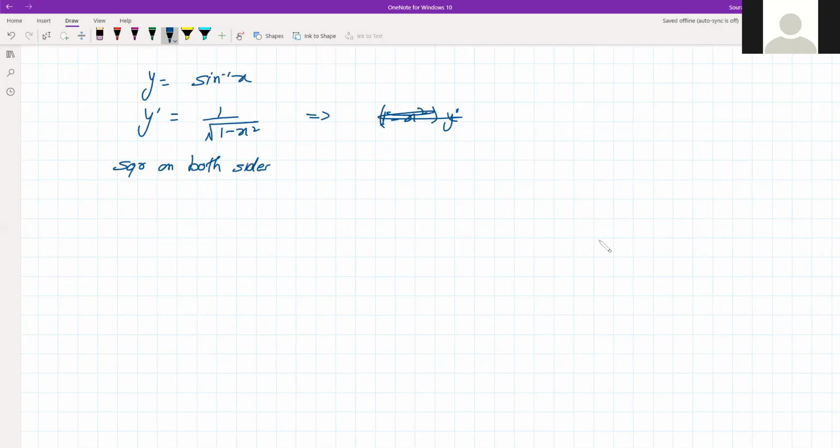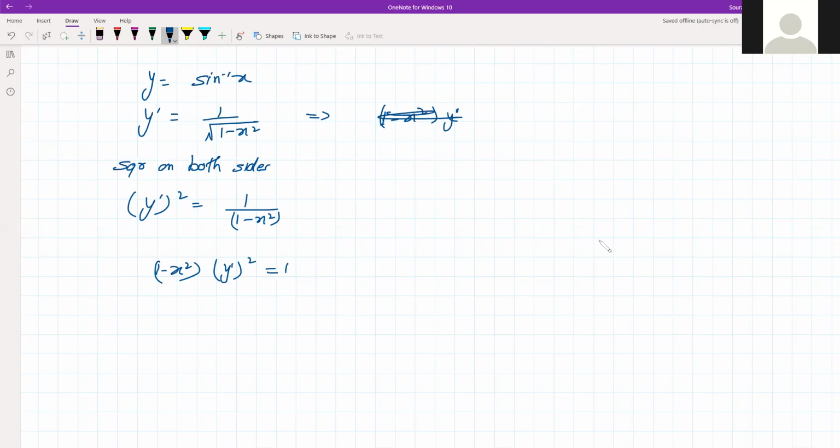So if I do that, I have y dash square is equals to 1 by 1 minus x square. Right? So this can be written as 1 minus x square into square of y dash. So this is equals to 1.